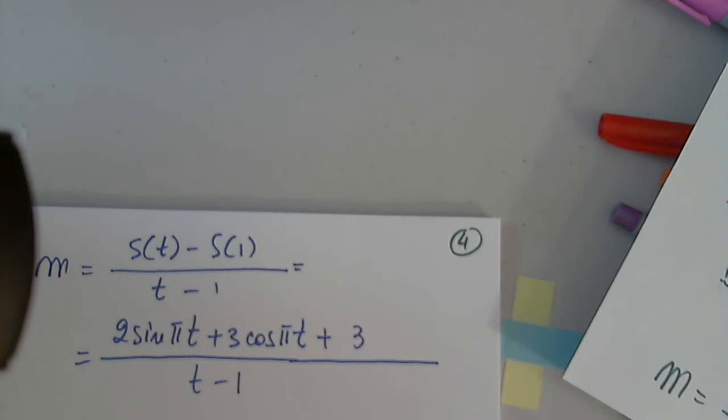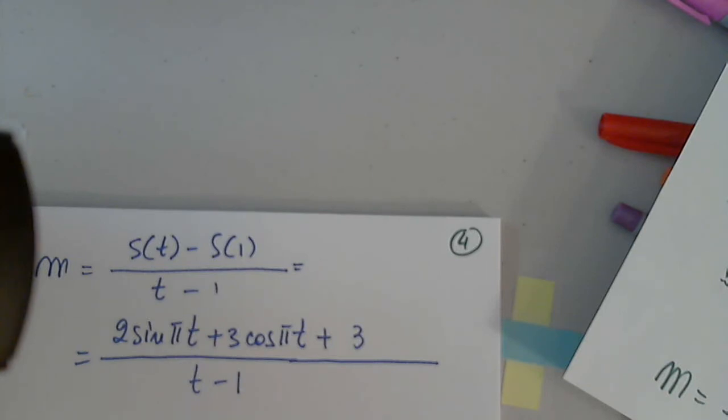Okay, so now go back to y equals, and in y equals, remember in parentheses because we are plugging in this ratio. We don't have t in the calculator, but we have x. So 2 sine pi x, close the parenthesis, plus 3 cosine pi x, close the parenthesis.